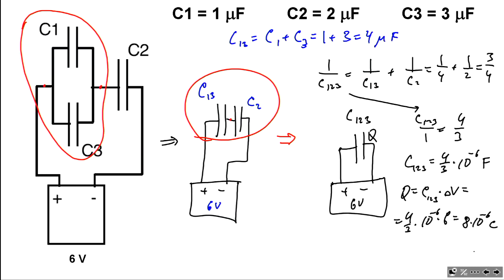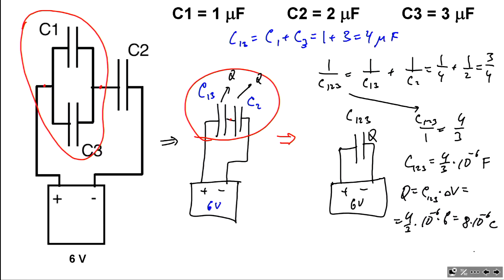And now we have to go back to the original schematic step by step. For example, what do we know? We know that these 2 capacitors should store the same amount of charge because they are connected in series.